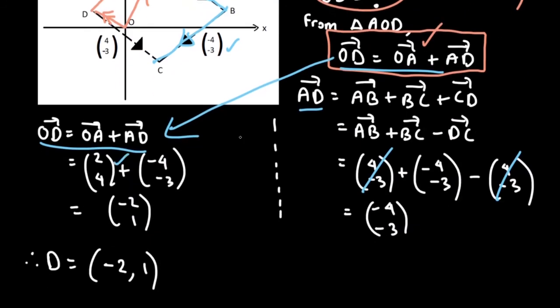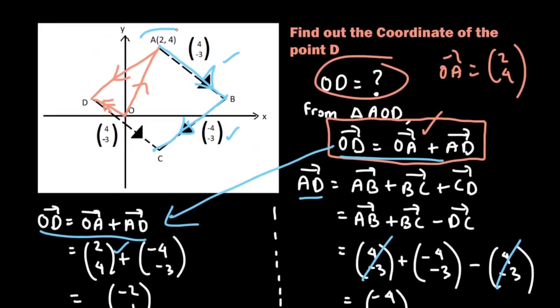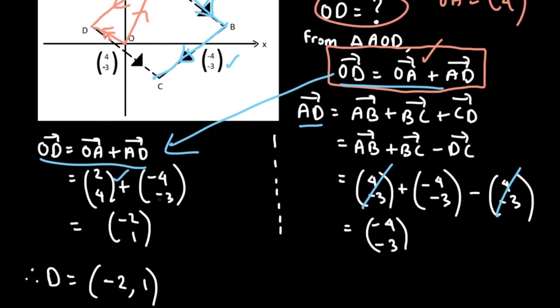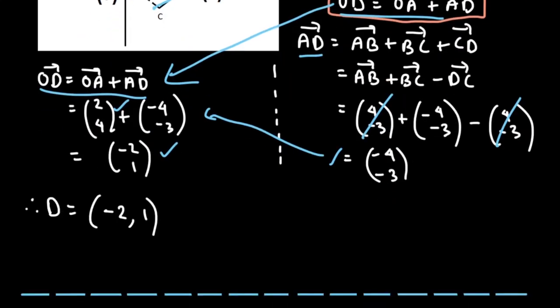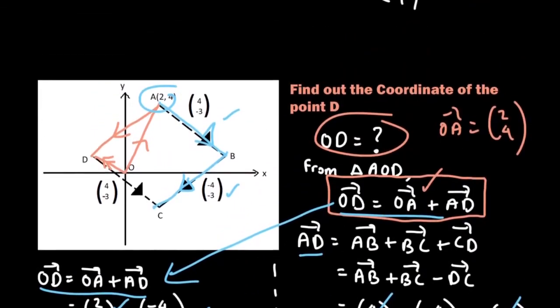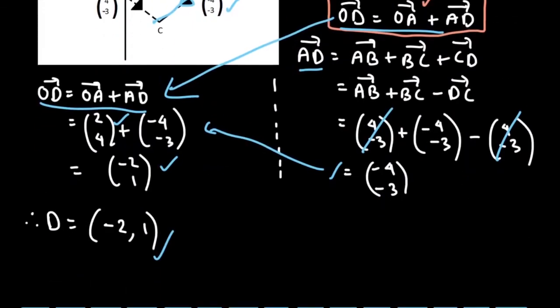So we know OA, which is basically just the coordinates, since it's a position vector, right? And we know AD. So if we add them, we can get this. And we know that a position vector is just the coordinate in vector form. So D is actually (-2, 1).